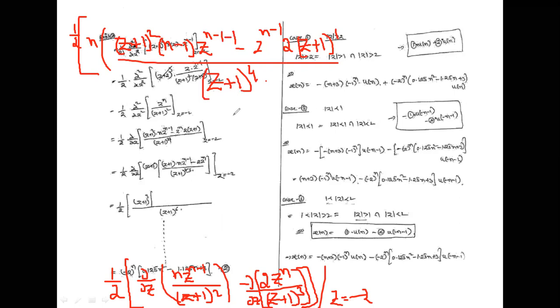In this, you can substitute the value of z is equal to −2. If I am taking here itself, this 1/2 is in both the functions.